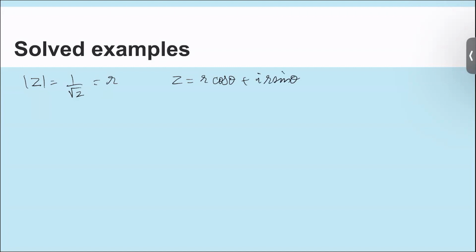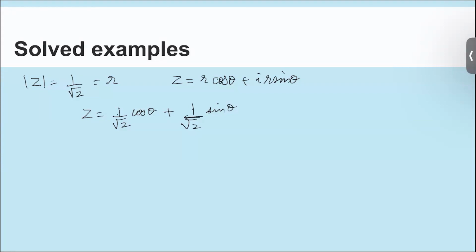Then you will get z is equal to 1 by root 2 cos theta plus i times 1 by root 2 sin theta. You can get it in this form.